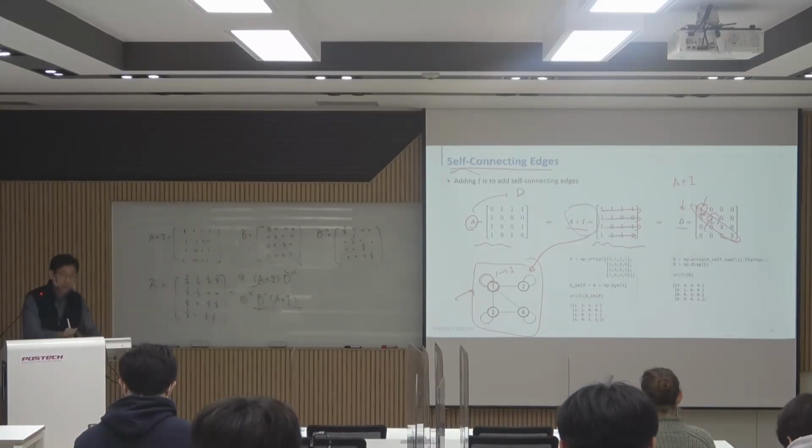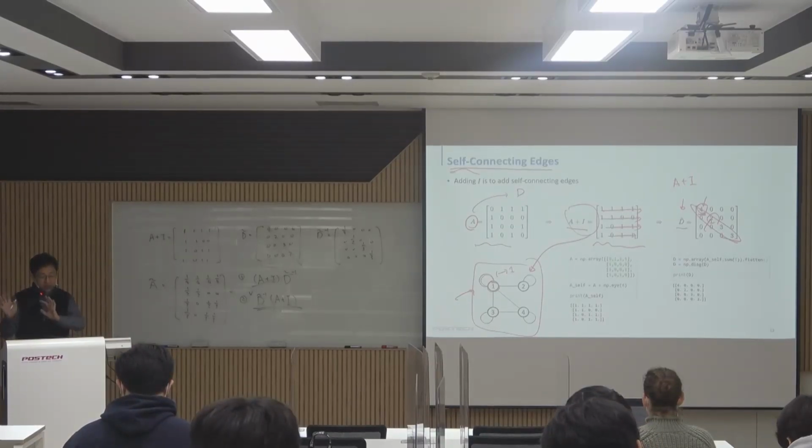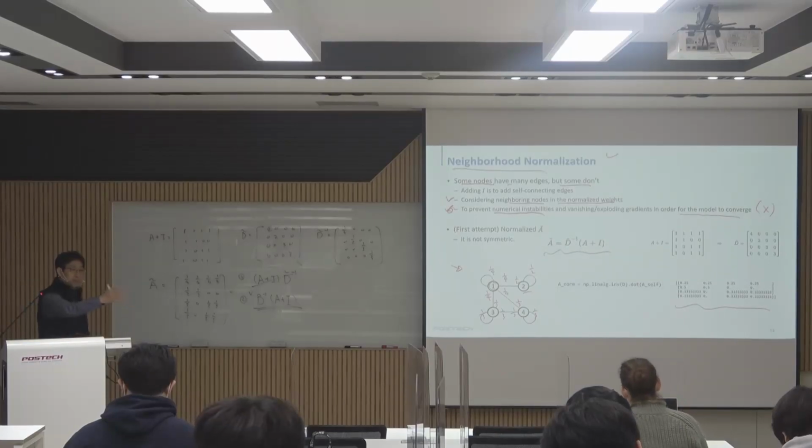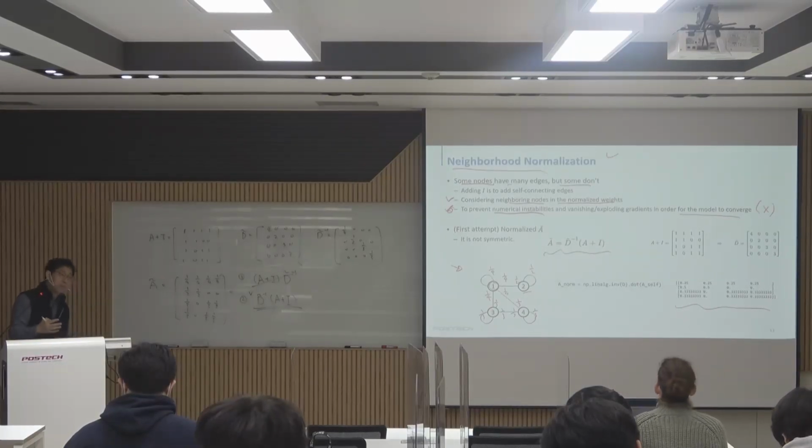In the matrix calculations, we can just add the identity matrix, which is okay. And another thing is that some nodes have many connections, and some do not. So I want to normalize it. That's a natural way that you can think of.